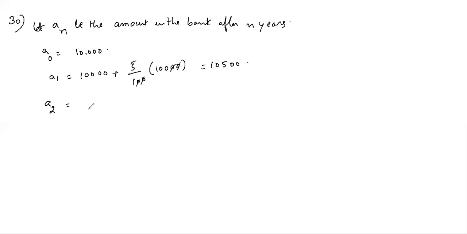Here it is only simple interest, so you have to add always 500 only for this amount. So 10,500 plus 500, 11,000. A3: 11,000 plus 500, 11,500.